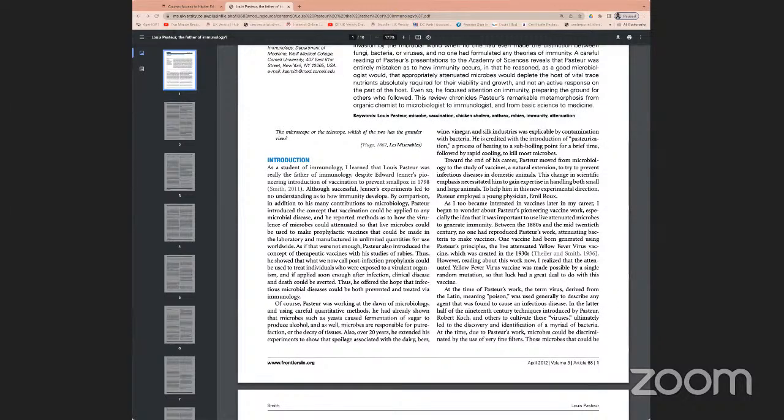Now, when we look at some of the bits that his groundbreaking work led to, it was the development of antiseptic practices in surgery. And this is something which has continued as a fundamental aspect of what we see in modern medicine.